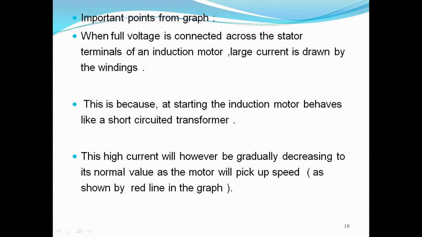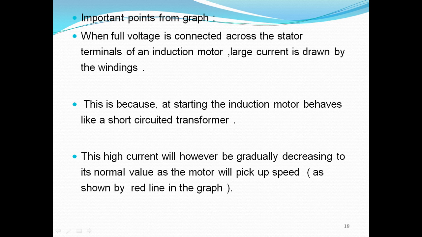The main disadvantage of starting with reduced voltage is a large reduction in starting torque. So what happens if you reduce the voltage? Torque also reduces automatically. Why? Because T is proportional to V square.